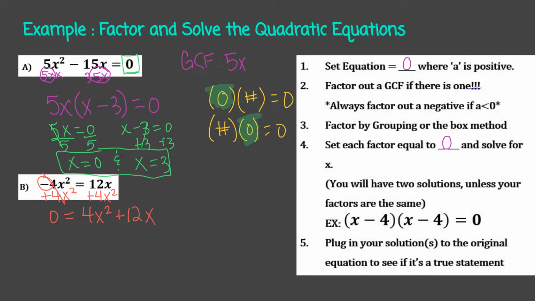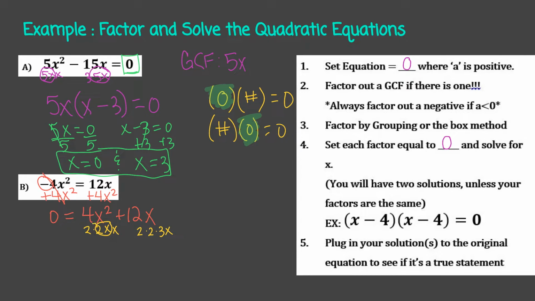If I write it in expanded form, it looks like this. I'd have 2 times 2 times x times x. Here I would have 2 times 2 times 3x. And you can see that they both have a 2x in common.